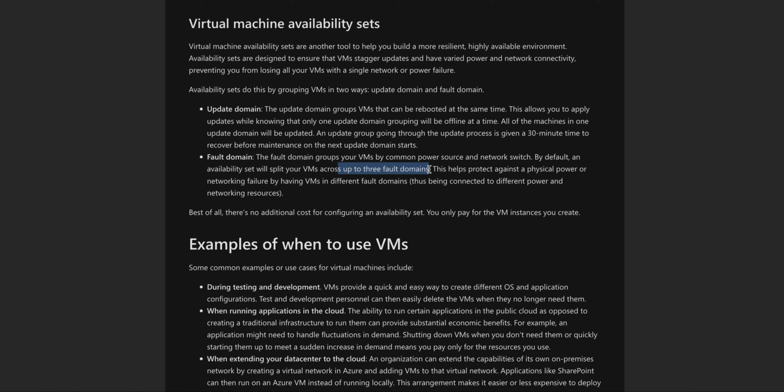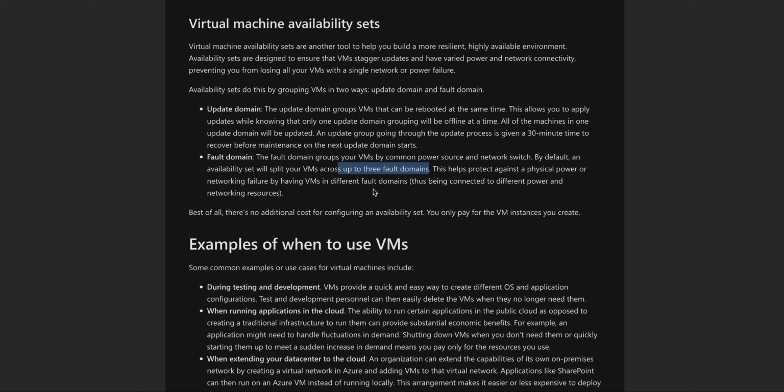This helps protect against a physical power or networking failure by having VMs in different fault domains, thus being connected to different power and networking resources. Let's say we have 3 power sources: power A, power B, power C, and we have 4 VMs connected to each power source. And let's say power B fails.